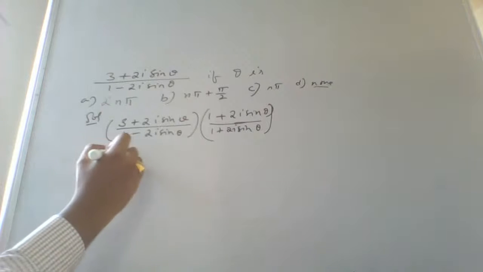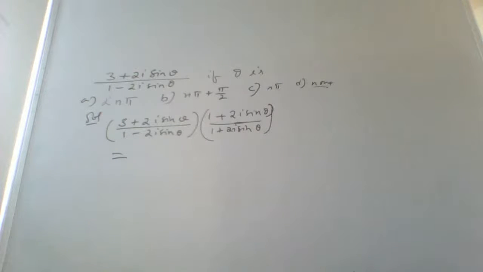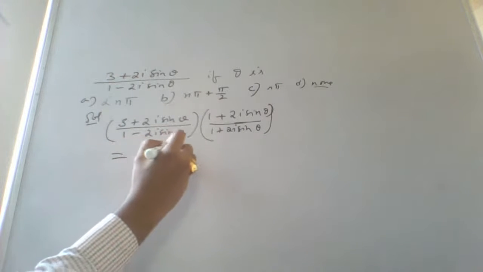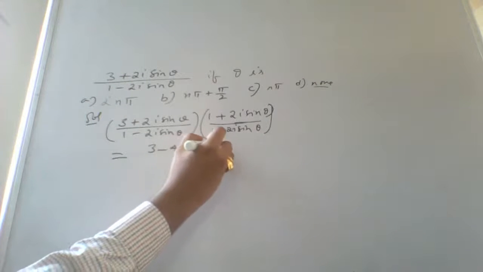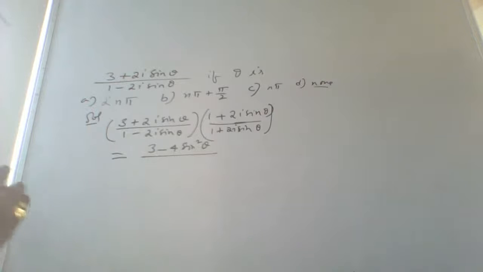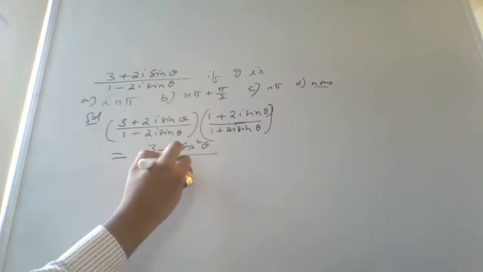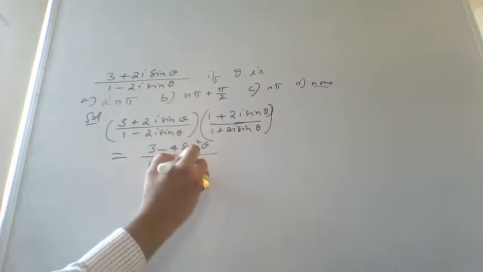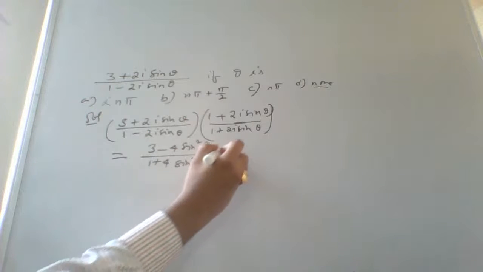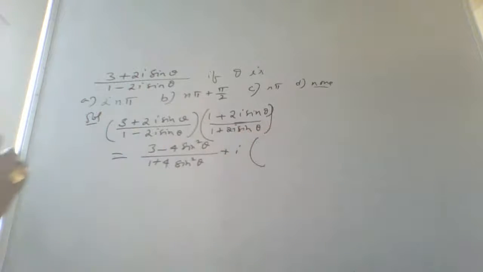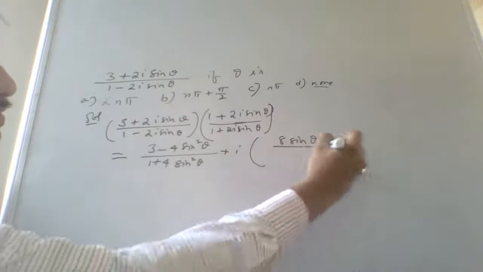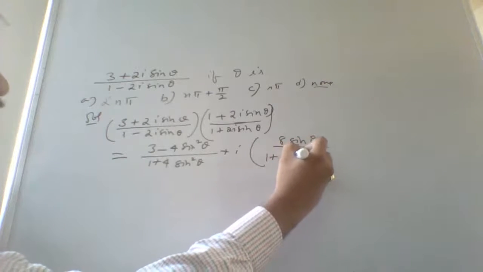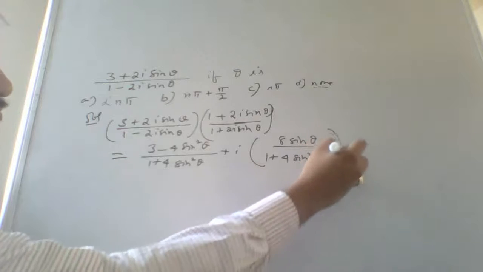So when I multiply this, I get (3 minus 4 sine square theta) divided by (1 plus 4 sine square theta), plus i times 8 sine theta divided by (1 plus 4 sine square theta).